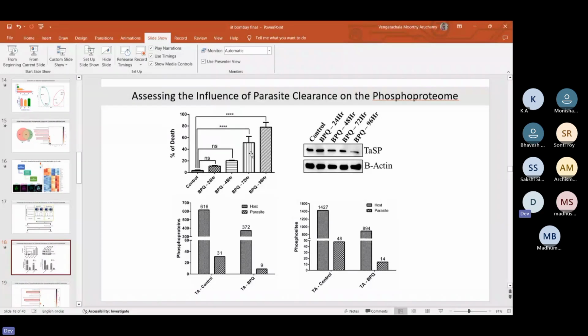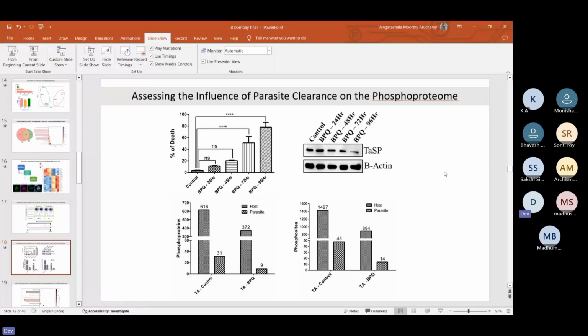That suggests the drug is working. To check for parasite clearance, we used one parasite specific protein for Western blot, the Theileria annulata surface protein. At 96 hours, there is a clear reduction in the expression of this protein. That's why we consider the 96 hour time point for both our RNA-seq and phosphoproteomics.